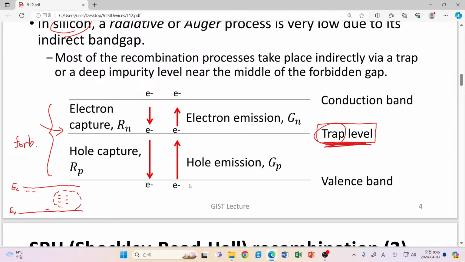The reason is now clear. If the state is quite close to this conduction band, then what will happen? Even in this case, your state can capture your electron. However, since it is so close, it will so frequently exchange its electron. So the number of electrons is not altered because this time scale is so short.